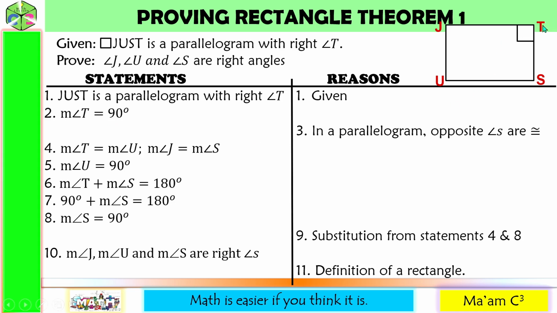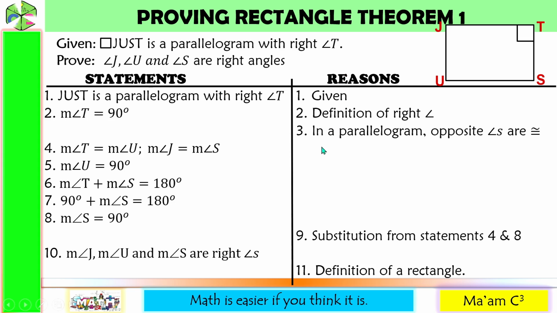And what could be the possible reason for that? Because that is the definition of a right angle. Remember that a right angle measures 90 degrees and it is specified in our given that angle T is a right angle. So by definition, its measurement is 90 degrees.